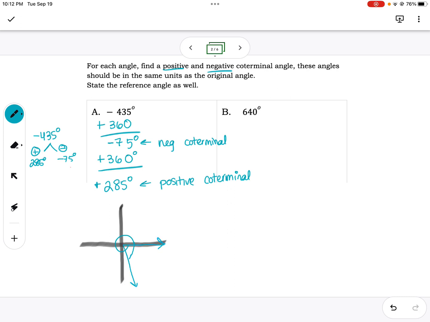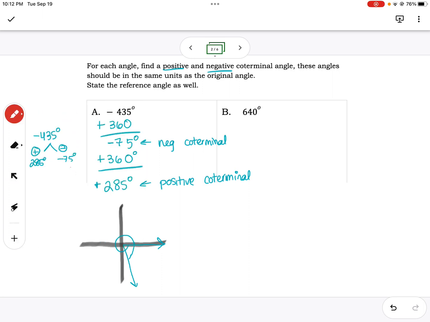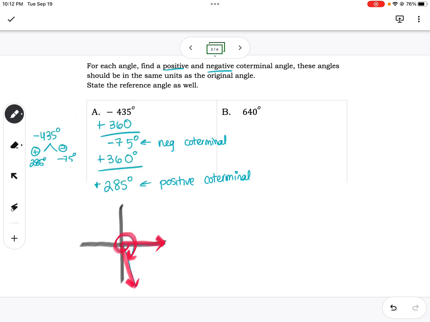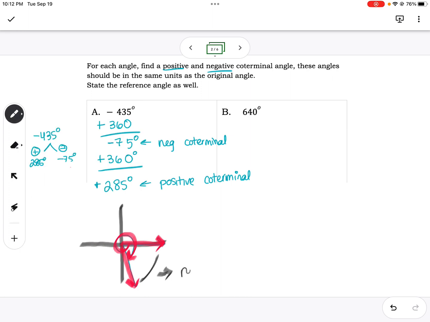So that angle is going to look like this. So to recap, we've got the direction going around and ending right here. Okay, this is our angle drawing. And then the last question I had for you guys was, what's the reference? And the reference is this value right here, this distance. So the reference angle would be 75 degrees in this situation.